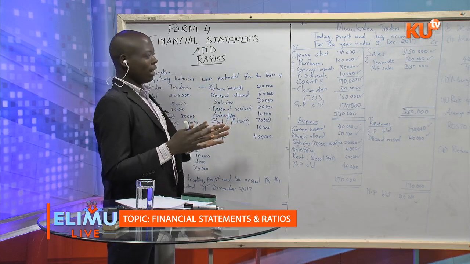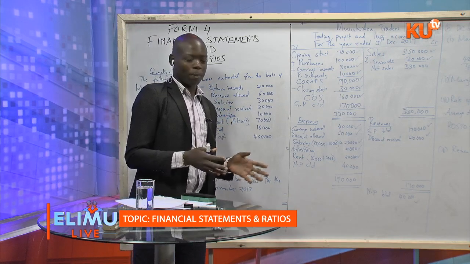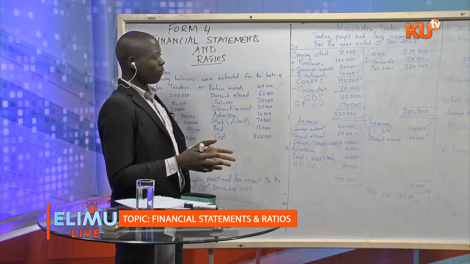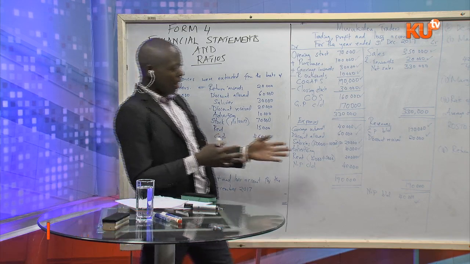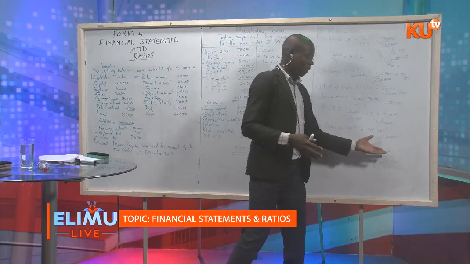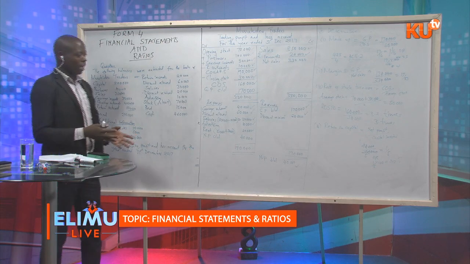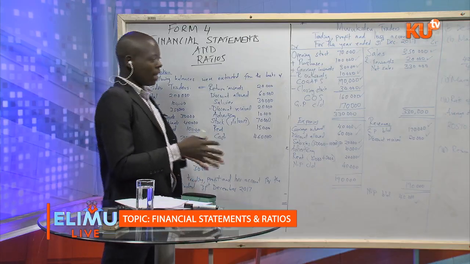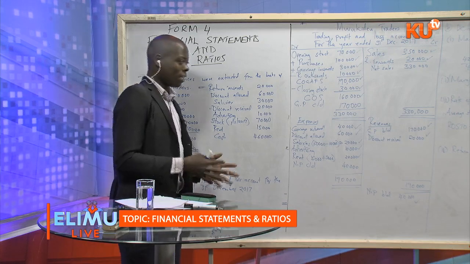But very importantly, though most students do overlook this part, the types of capital. Get to know what the types of capital are that we are going to use in this topic. I've mentioned one here, capital invested. We also have borrowed capital as another type of capital. That is the last part on this topic that you must be able to revise and prepare.